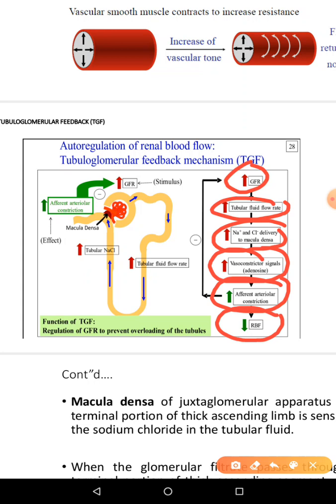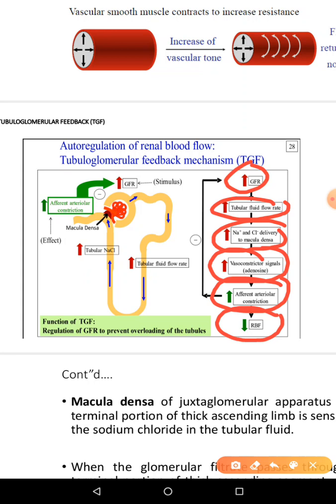So what we are seeing here in the tubuloglomerular feedback mechanism is that when renal arterial pressure increases, both the renal blood flow and the glomerular filtration rate will increase. The increase in the glomerular filtration rate will result in increased delivery of solutes and water to the macula densa, which is part of the early distal tubule and part of the juxtaglomerular apparatus.